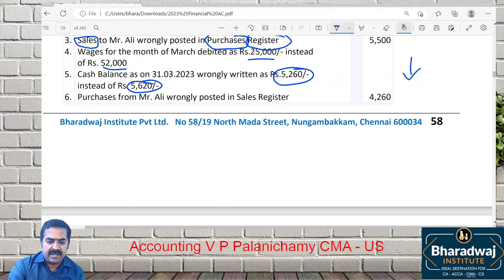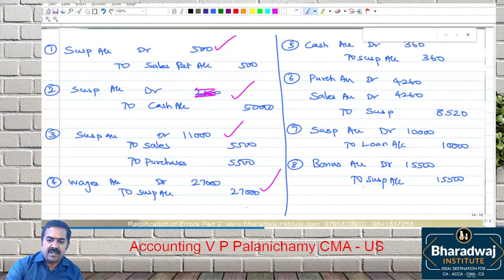How much? 360. Cash, we have taken only 5,260 instead of 5,620. Cash will have a debit balance. If you enter less, how to rectify? Debit cash. Cash account debtor to which account? Suspense account 360. Cash account debtor to suspense account 360.